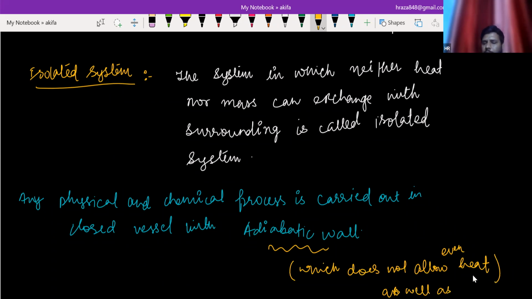If it is not allowing heat to pass through it, that means it is understandable that mass cannot pass through it. Is that clear?